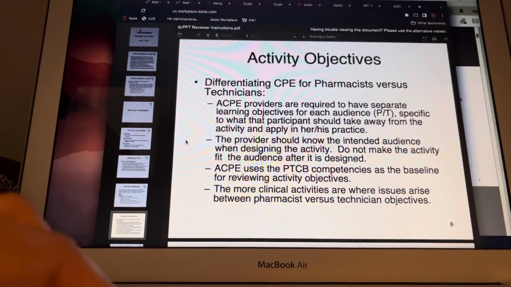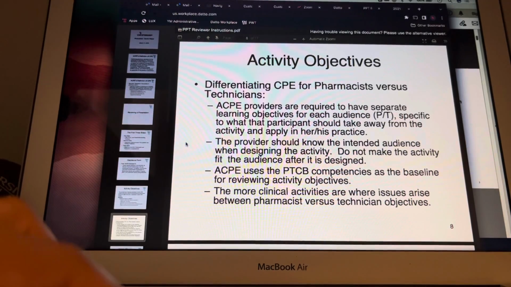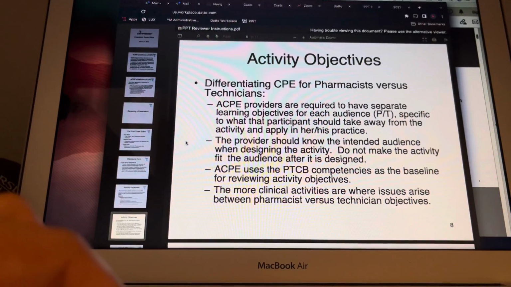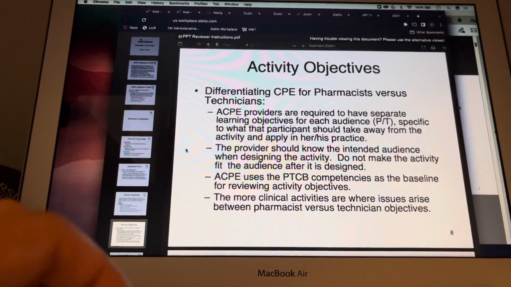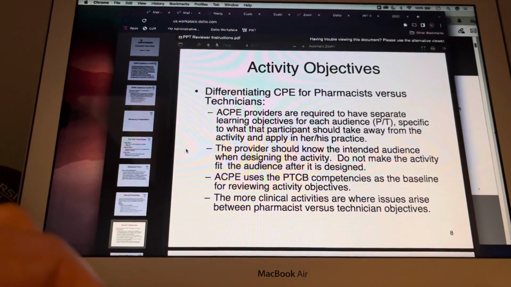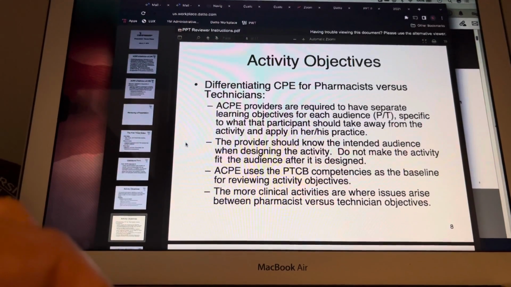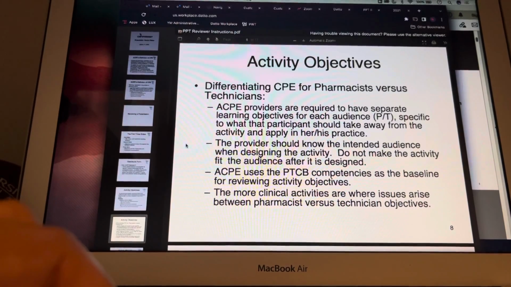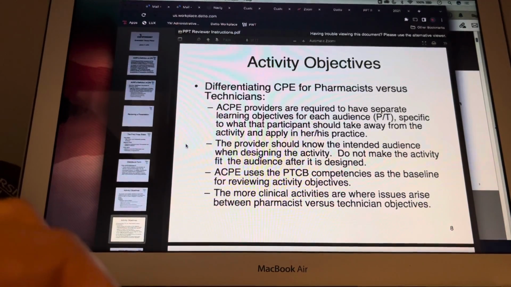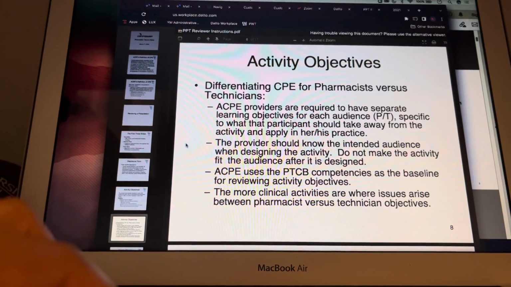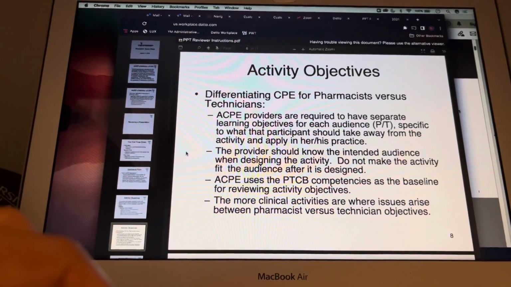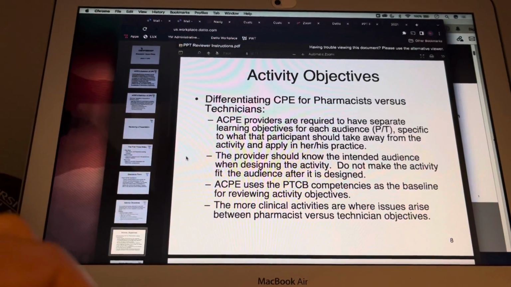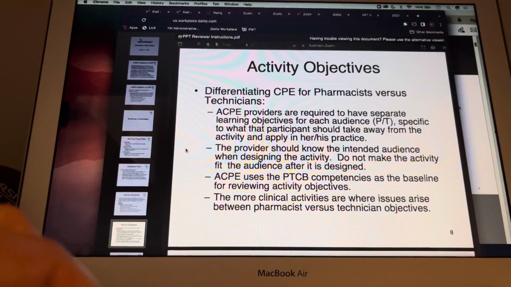The more clinical activities, where issues arise between pharmacist and technician objectives, are the main problem that we are trying to resolve. We don't want to confuse our audience members by providing the same set of objectives for a pharmacist and a pharmacy technician, meaning each word is identical to one another.